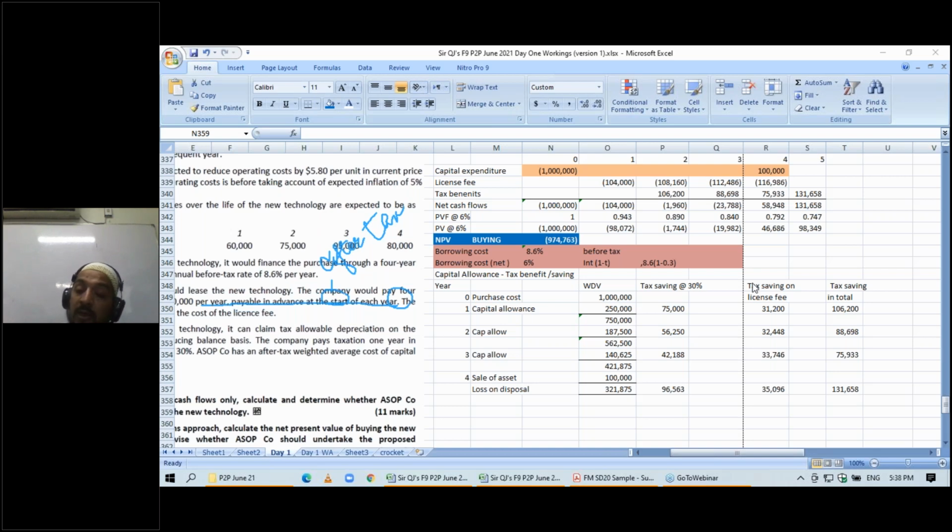But when you are calculating lease or buy decision, you won't consider sales, because sales will be equal in both, whether you obtain the asset on lease or not. In both cases sales will be same. So we only consider differential cash flows, which are different in both options. Those cash flows which are equal in all the options, we don't consider that, right? So that's why I have ignored the production cost and the sales and all those items which are similar in both. So I will only consider those items which are different in the leasing option and the buying option.